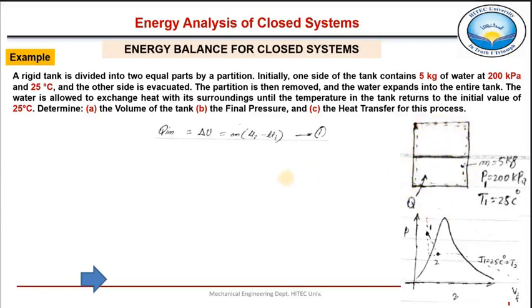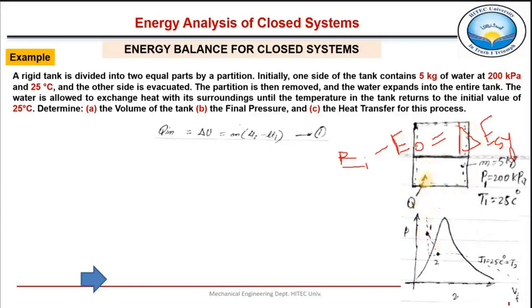So for this closed system, we can write E in minus E out, I'm using the general energy balance equation, is equal to delta E of system. That is the first law of thermodynamics, and now we shall apply this law for this process between 1 and 2.